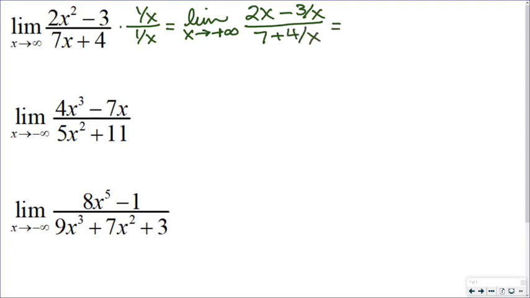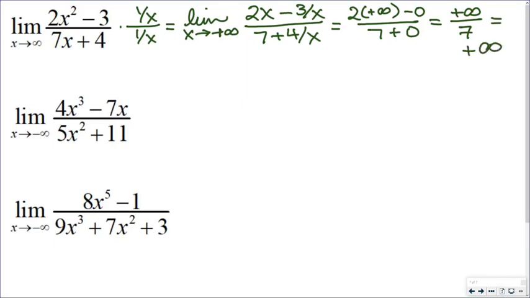Well, now when I evaluate this, I'm going to get 2 times infinity minus 0 over 7 plus 0. Well, 2 times infinity is just infinity. And when you divide infinity by 7, you still have an infinitely large number. So my answer here is positive infinity.